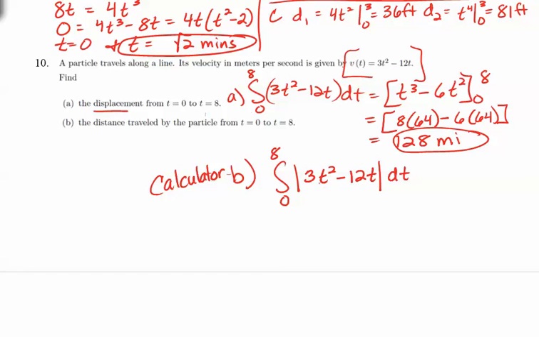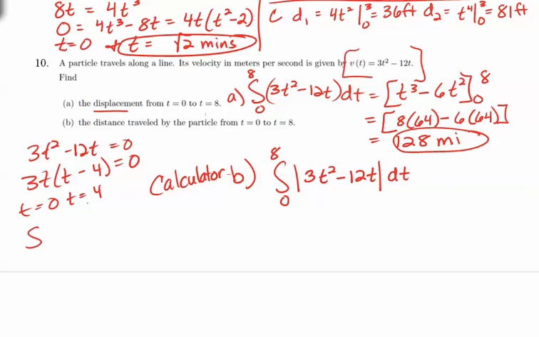Otherwise, if I was stuck without a calculator, I would set this equal to 0, 3t squared minus 12t equals 0, and I would find out the places where it's equal to 0, and then I would split up my integral into separate parts. So I would do the integral from 0 to 4 separately from the integral from 4 to 8, and one of those parts might be negative, so then I could switch the sign.